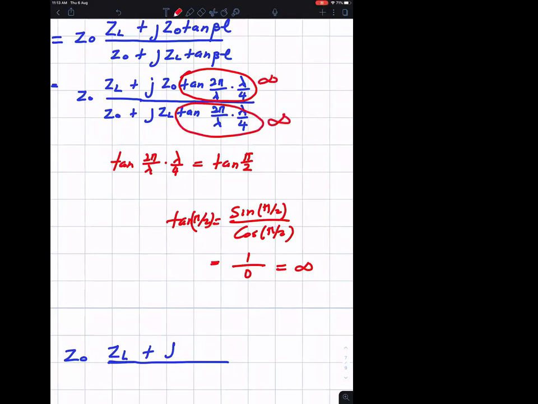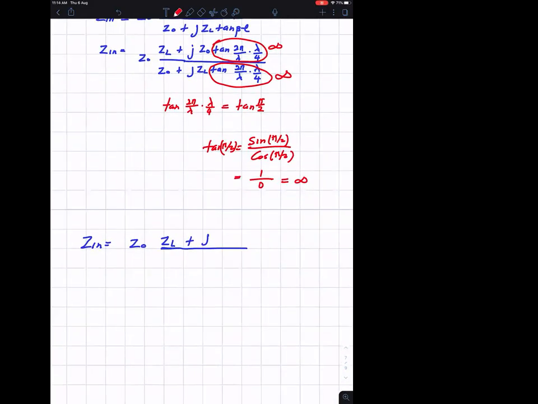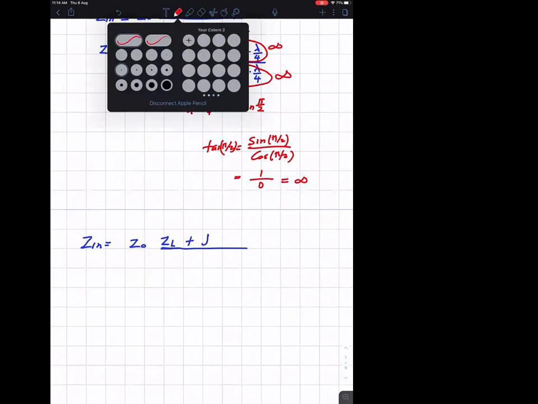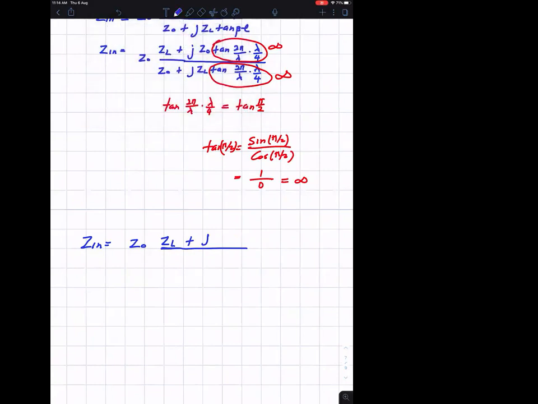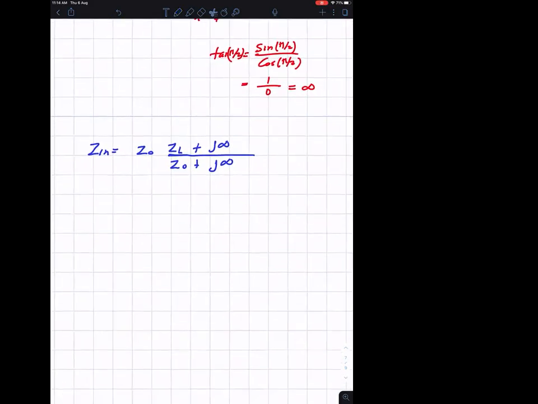So infinity times Z naught also is infinity, correct? So infinity Z naught plus j infinity, right?